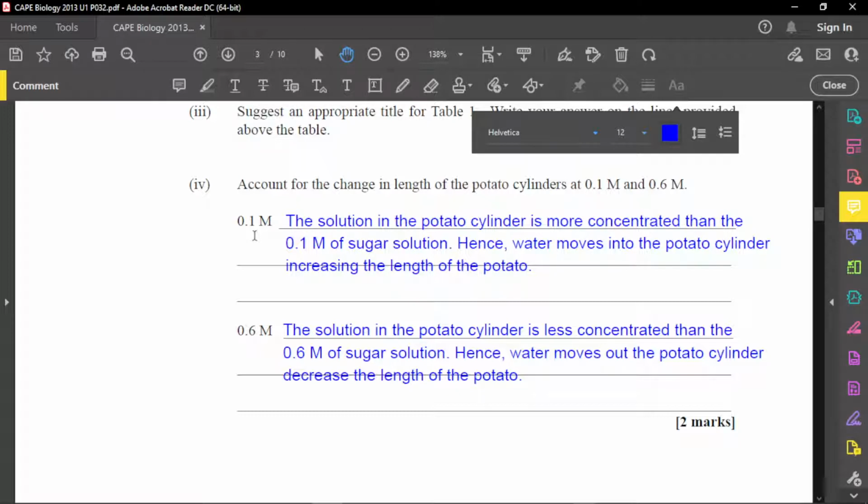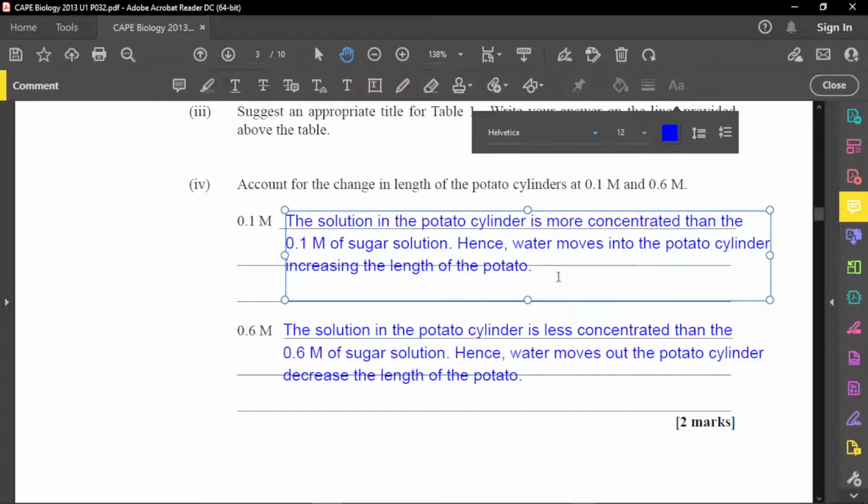And again, this is also based upon the concentration within the potato itself. But based on experience, yeah, it will be an increase, or more likely an increase. All right, so here now, the solution in the potato cylinder is more concentrated than the 0.1 molar of the sugar solution, right? So hence water moves into the potato cylinder, increasing the length of the potato. So that's what accounts for it.